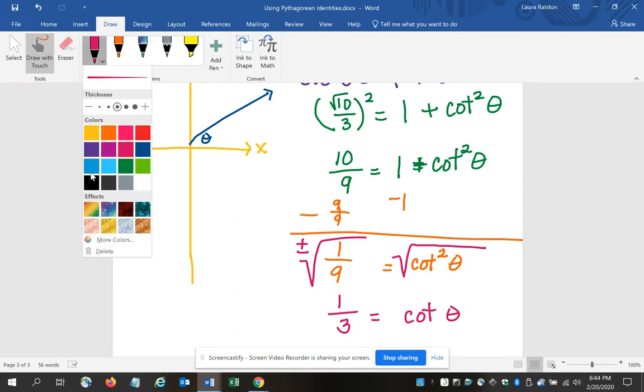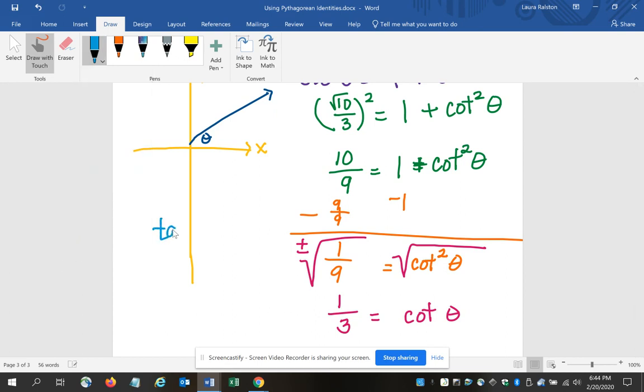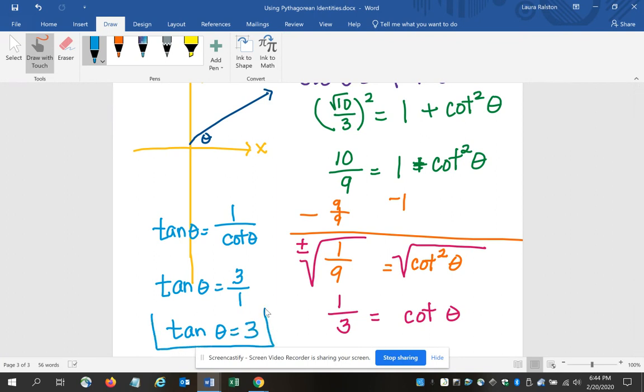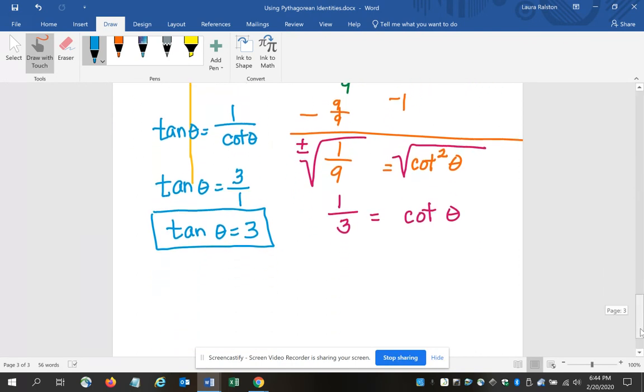And again, I have to remember that tangent of theta is the reciprocal of the cotangent. Okay, so again, I'm using the reciprocal identity. So the tangent of theta, we're going to flip it over, would be 3/1, or when you simplify, the tangent of theta is simply 3. And again, in the first quadrant, that value is going to be positive.